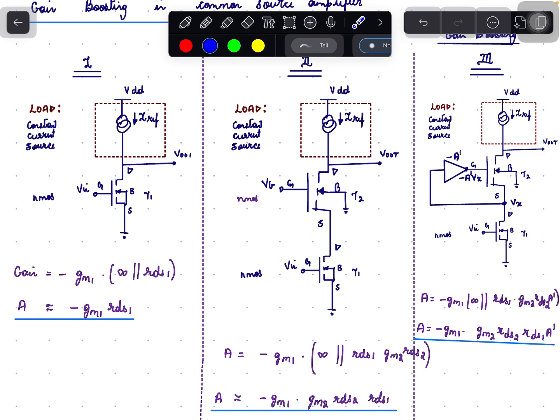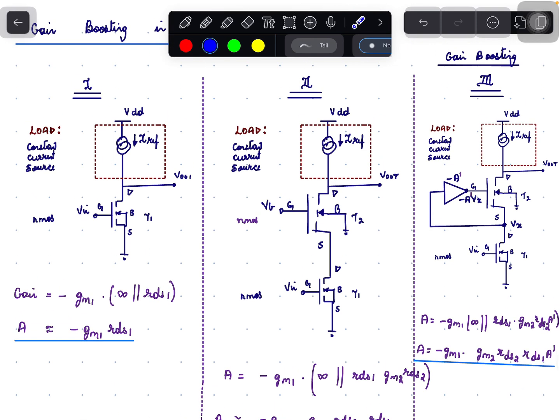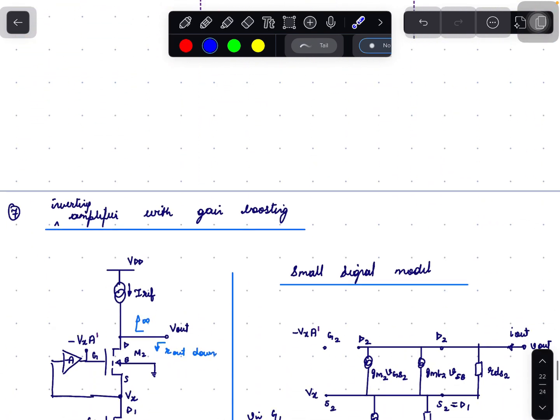So the gain of the circuit is minus GM1 times RDS1 GM2 RDS2 times A dash. So the gain compared to the previous circuit is further increased, and it is multiplied by the term A dash. I will further explain how the R out of this circuit is given by RDS1 times GM2 RDS2 times A dash in the next slide.